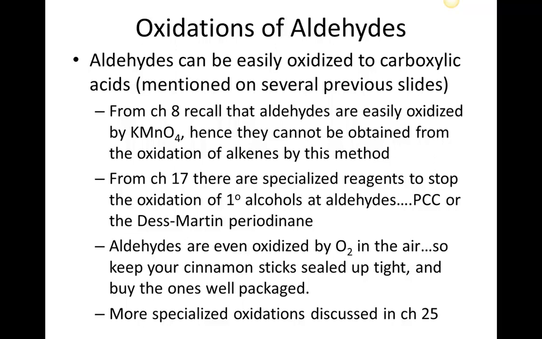And in chapter 17, we also talked about specialized reagents to enable us to stop when we oxidize primary alcohols. If we use one of these specialized reagents, PCC in the older books or the Dess-Martin periodinane in the 8th edition, we can stop the oxidation of an alcohol at an aldehyde, but other oxidation methods like chromic acid, for example, are going to take that aldehyde and keep going to the carboxylic acid level.